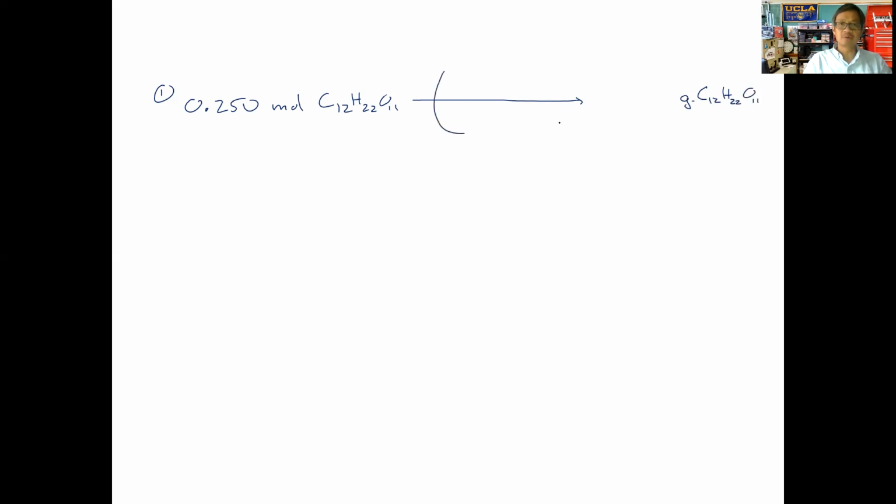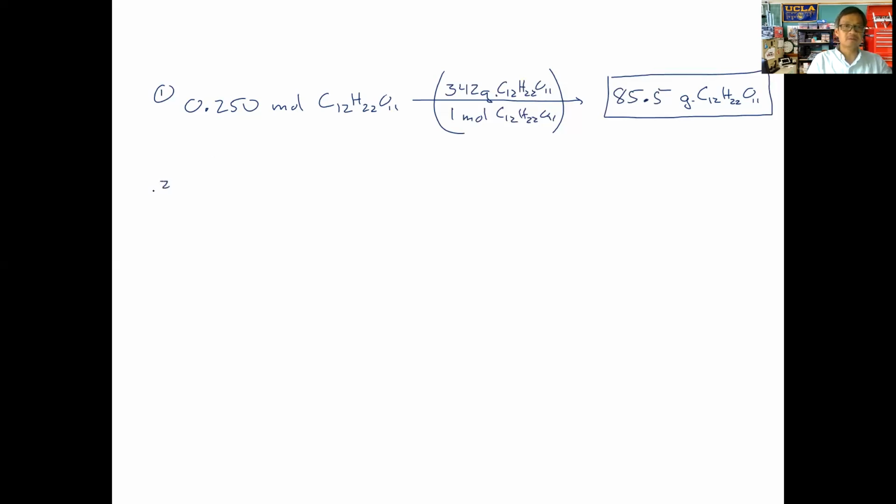The molar mass is what we're going to use here, and I gave that to you on the previous slide. We multiply by the molar mass, which is 342 grams of C12H22O11 over 1 mole of C12H22O11. You plug those numbers in, and you get 85.5 grams of C12H22O11. That's 3 significant figures, because we started out with 3 significant figures.